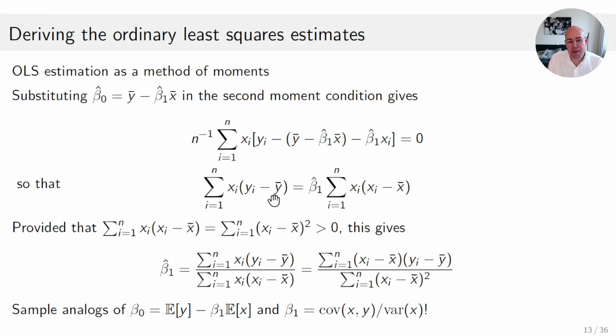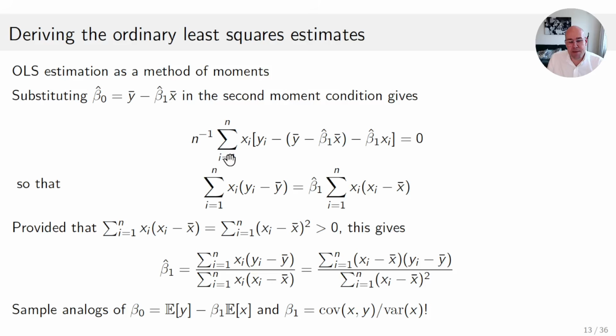First of all, there is no 1 over n part anymore. This 1 over n part is not important because this equation has 1 over n times that sum equal to 0. I can just as well take away the 1 over n. I can just multiply both sides by n, then the 1 over n part goes away. So we don't need to bother about that anymore. So the only thing left is that sum.